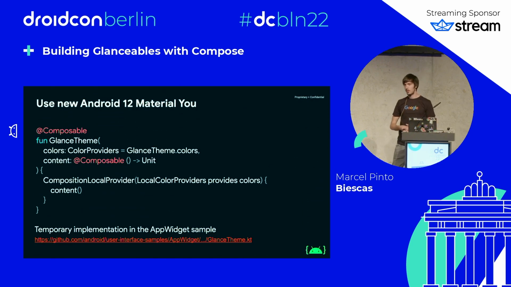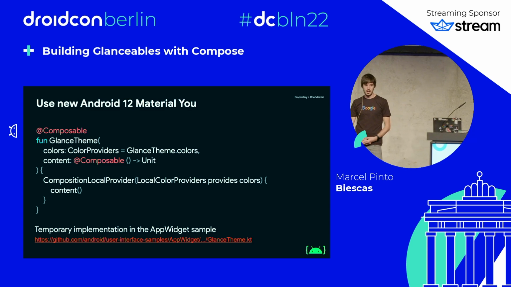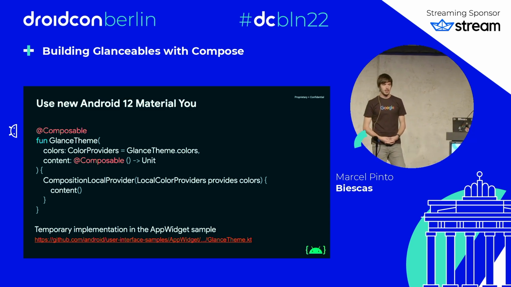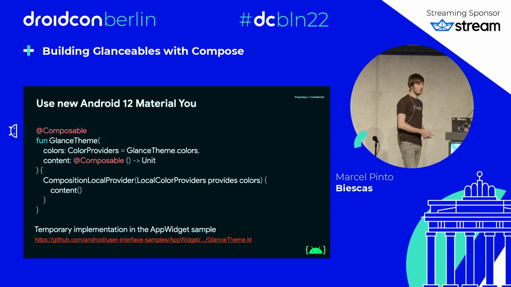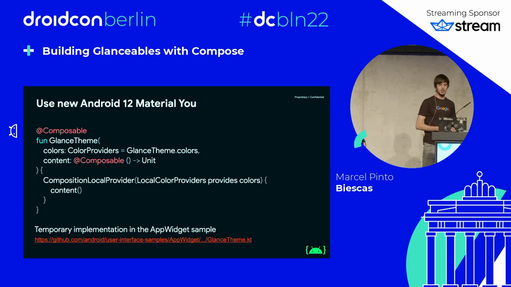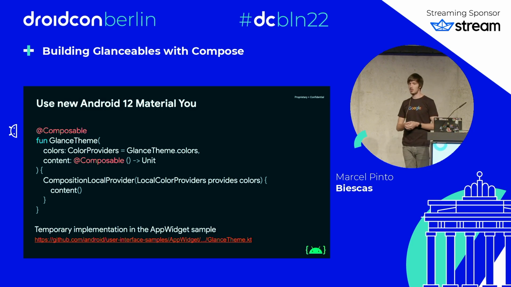We are working on a better way to do that by providing a similar concept to the MaterialTheme from Compose, where we will do all this more tedious work with resource IDs underneath. So you just need to declare that you use the Glance theme, and then the colors will change for you.